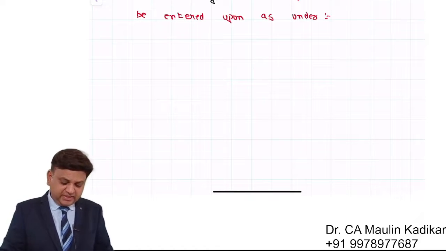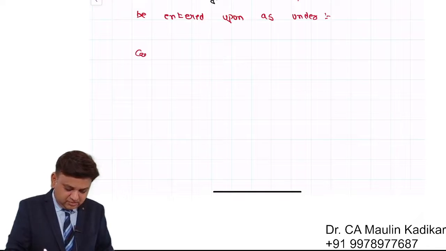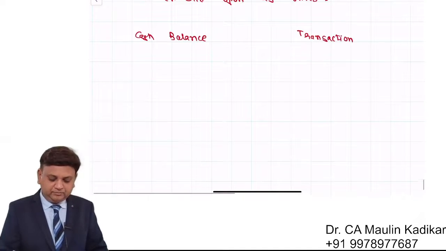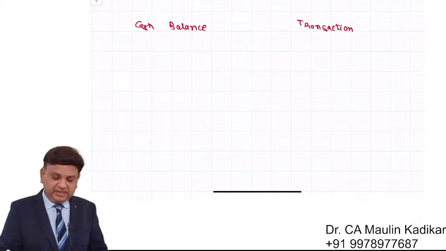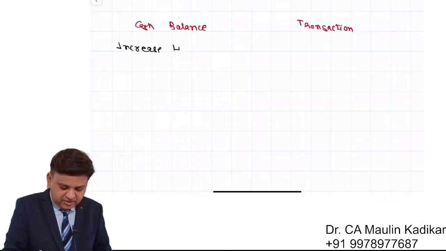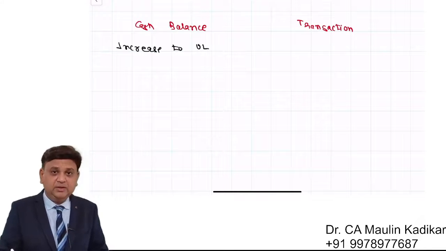So friends, in that case I prepare a small table like this: cash balance and transaction. In the cash balance column, I'm writing increase to UL, that is upper limit.